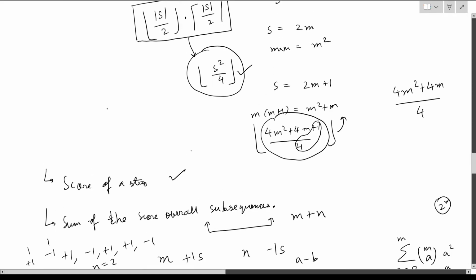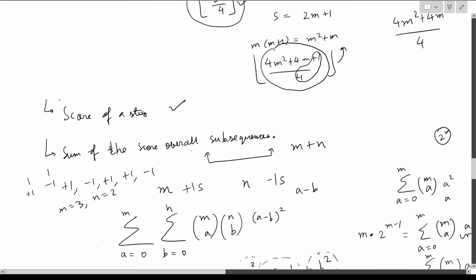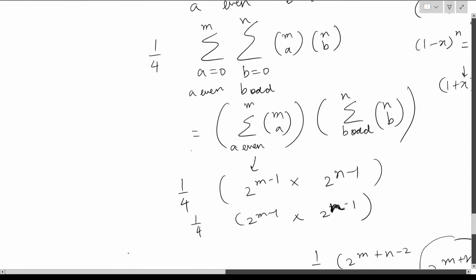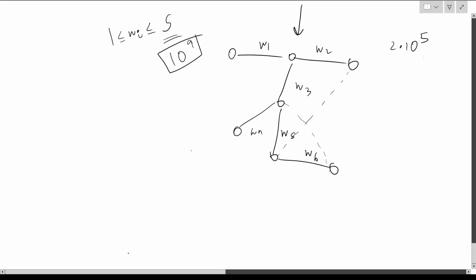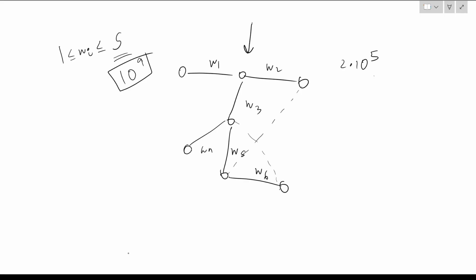But before then, this was the really difficult part of the problem, where we had to figure out what the score of a string is, where we had to argue for the score being s squared by 4 floor. So this part here is somewhat similar, and this part is all about what does it mean for a graph to have exactly one minimum spanning tree and it being equal to the one that's given here.